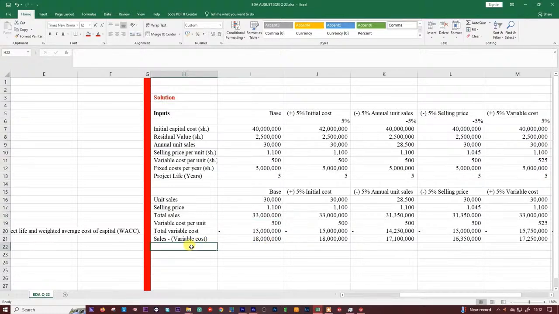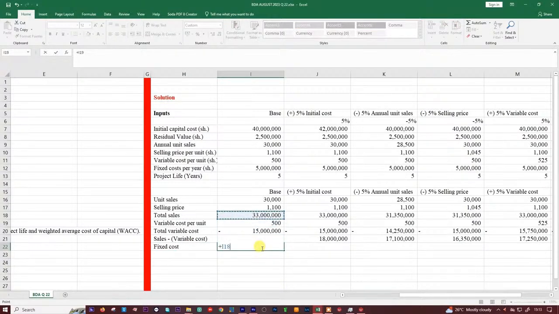How about the fixed costs? The fixed cost is given to us there as follows. 5 million. It's right here.